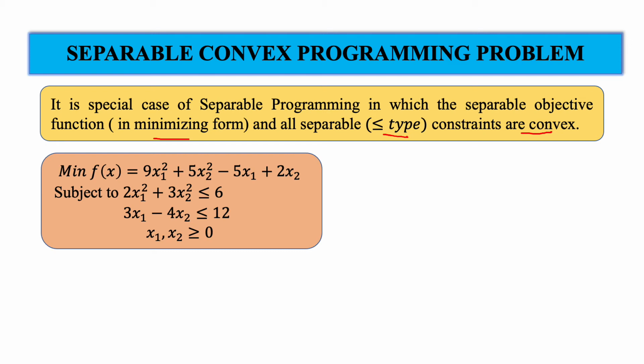If we check our objective function, it is separable as two functions of two variables. So f1(x1) is 9x1 square minus 5x1 and f2(x2) is 5x2 square plus 2x2.